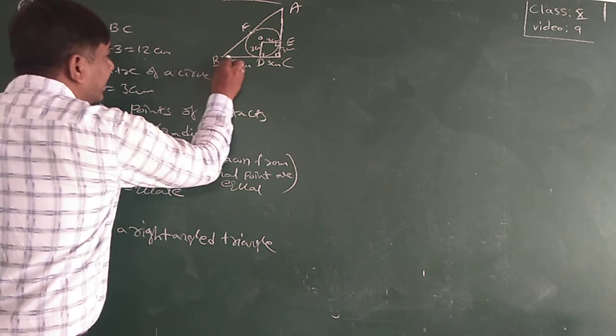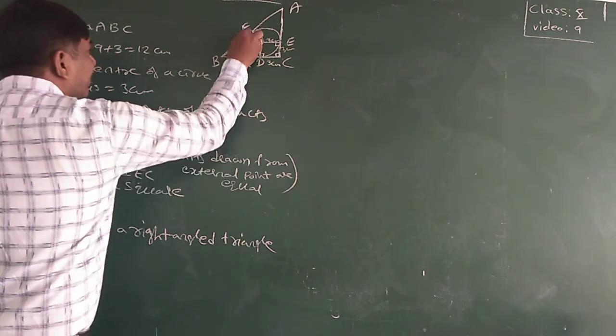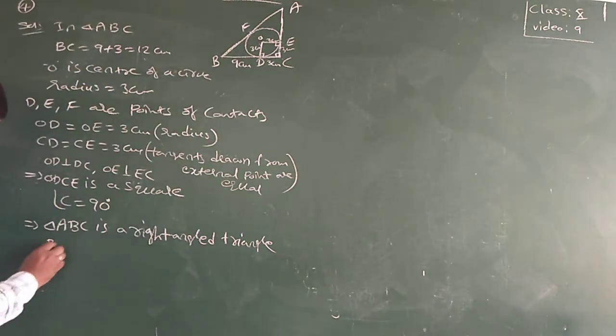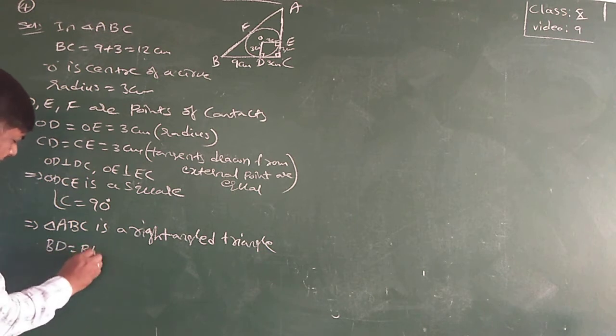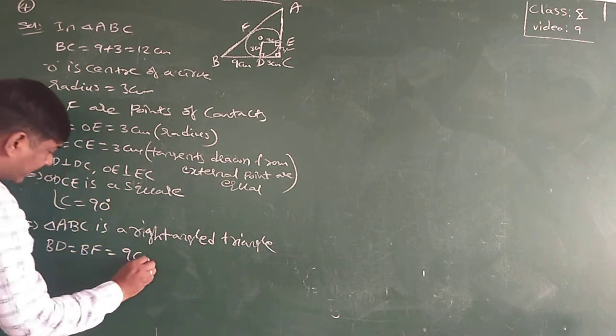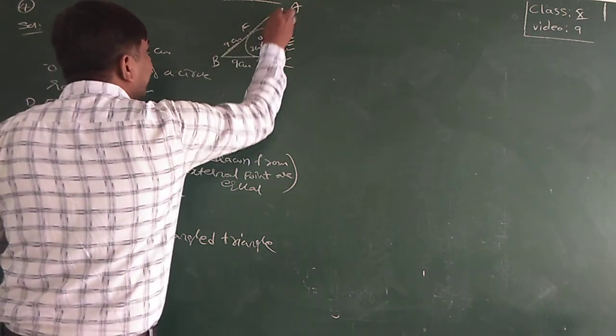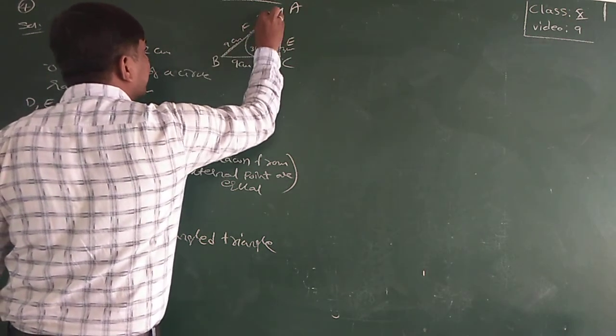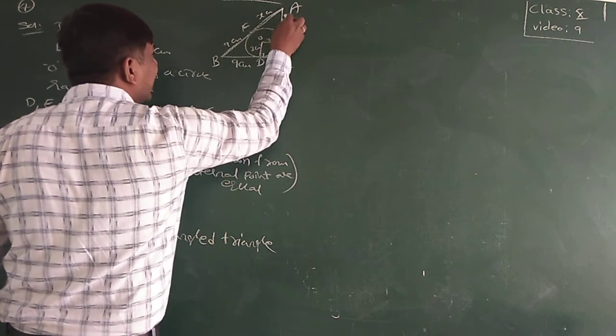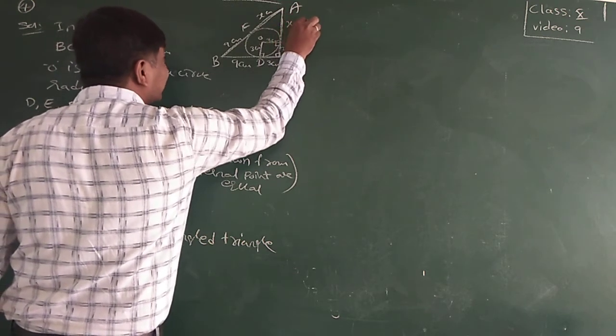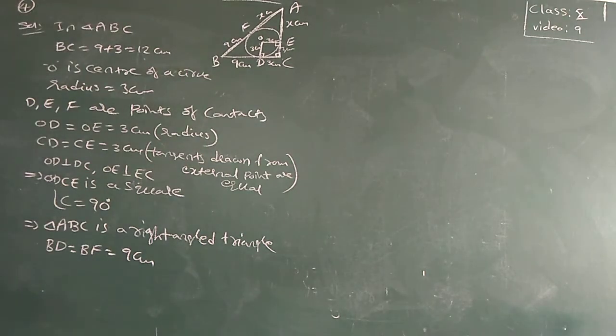Now, since BD is 9 centimeters, BF is also 9 centimeters. BD is equal to BF is equal to 9 centimeters. Let us assume that AF is equal to x centimeters, then obviously AE is also x centimeters, because tangents drawn from an external point are equal.